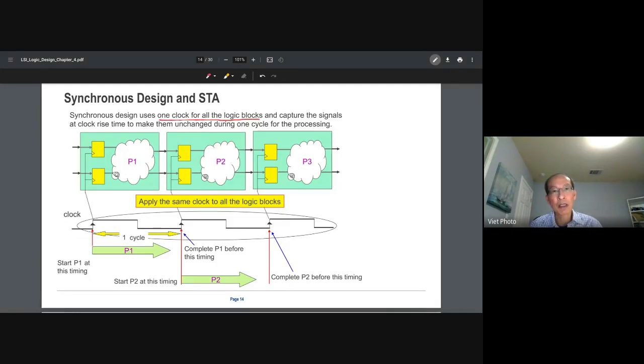Only the core, the main circuits, operate at 4 gigahertz. But when it has to go to the memory, the IO, or somewhere else, the frequency is much lower, so they have multiple clocks.